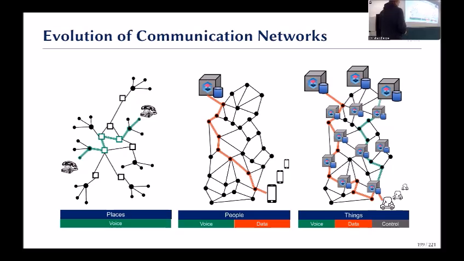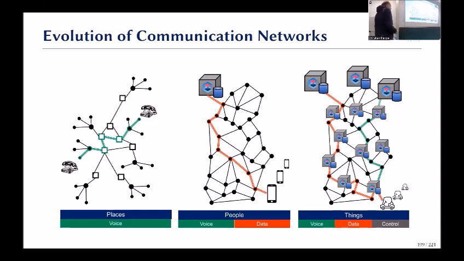Here you see it was with fixed places and voice, and then it was extended with mobile communication, and the main thing was data. So the internet was built. That was the next step of communication, and the network already had some intelligence inside.